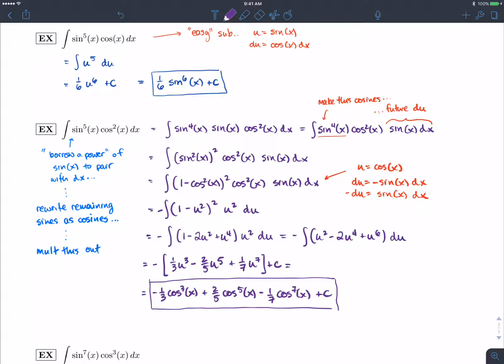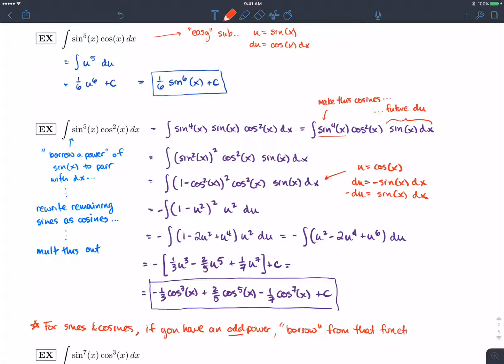When you have powers of sines and cosines, if one of the powers is odd, borrow from that function.